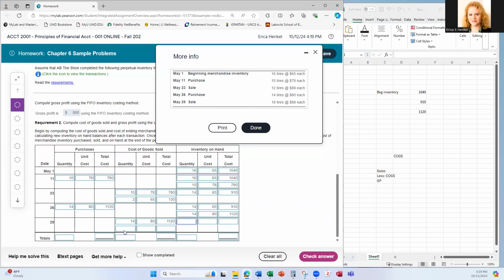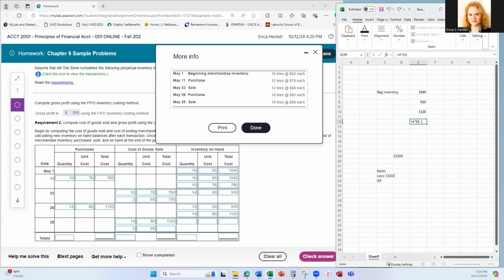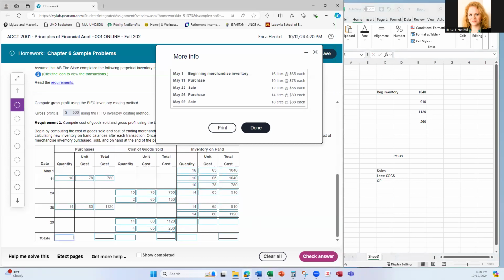And the remaining 4 tires are going to come from this next layer here, at $65. So 4 times 65 is 260. That leaves us, we had 14 in this layer, we just sold another 4, so that leaves us 10 at 65 left, okay?